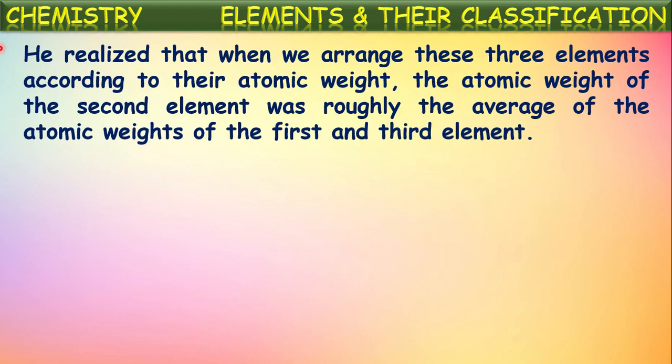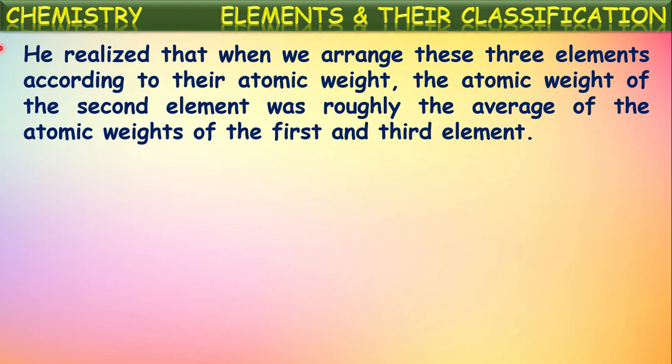He realized that when we arrange these three elements in increasing order of their atomic weight, the atomic weight of the second element was roughly the average of the atomic weights of the first and third elements.